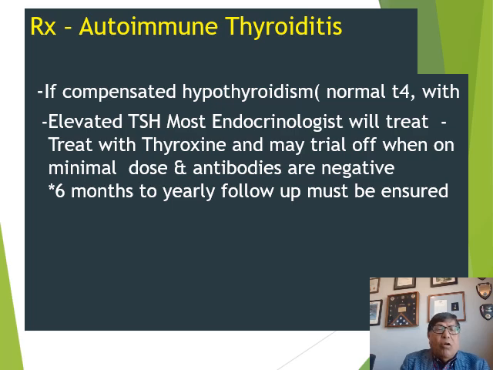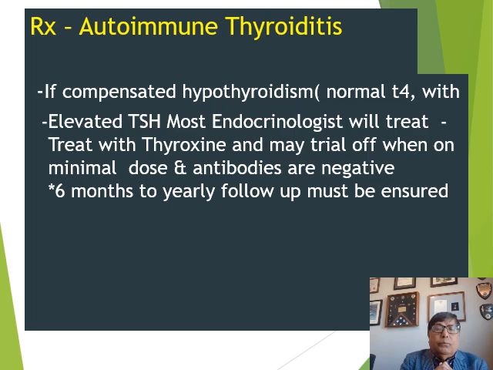If it's a compensated hypothyroidism, by that I mean T4 is still within the normal reference range with elevated TSH, I do believe most endocrinologists will treat them with thyroxine, because TSH stimulates the thyroid gland and makes it bigger.